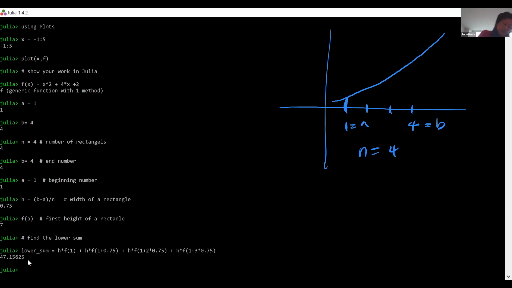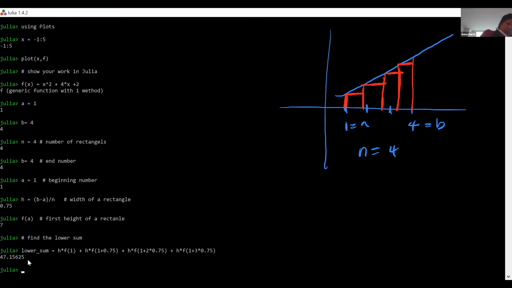So I'm going to draw 4 rectangles. So that's what I found, lower sum.